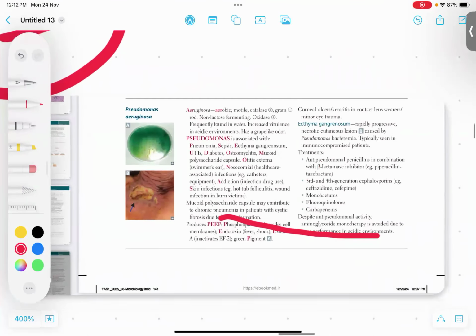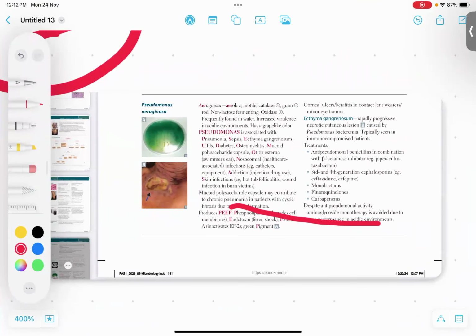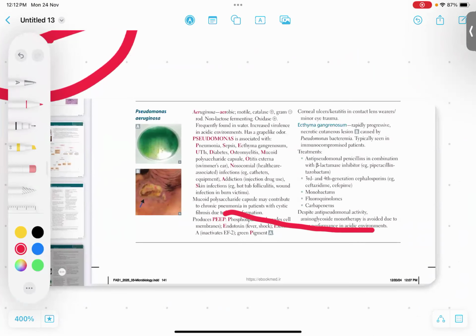So yeah, let's just quickly go through this one, okay? Aeruginosa: aerobic, motile, catalase positive, gram negative, non-lactose fermenting, oxidase positive. Frequently found in water, increased virulence in acidic environment, has a grape-like odor. Pseudomonas, you can use this as a mnemonic, okay?